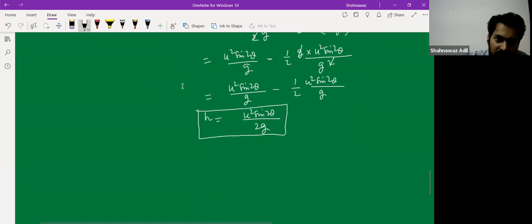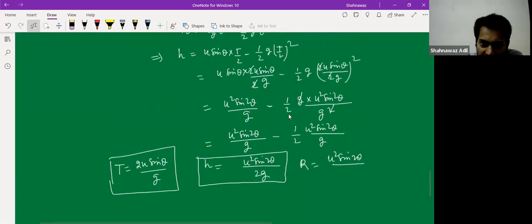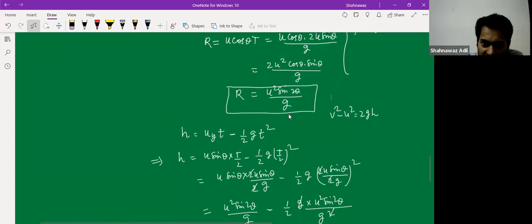Okay. Good. So this was 2u sine theta by g, okay? And your r was what? U square sine 2 theta by 2g or g? It was g.